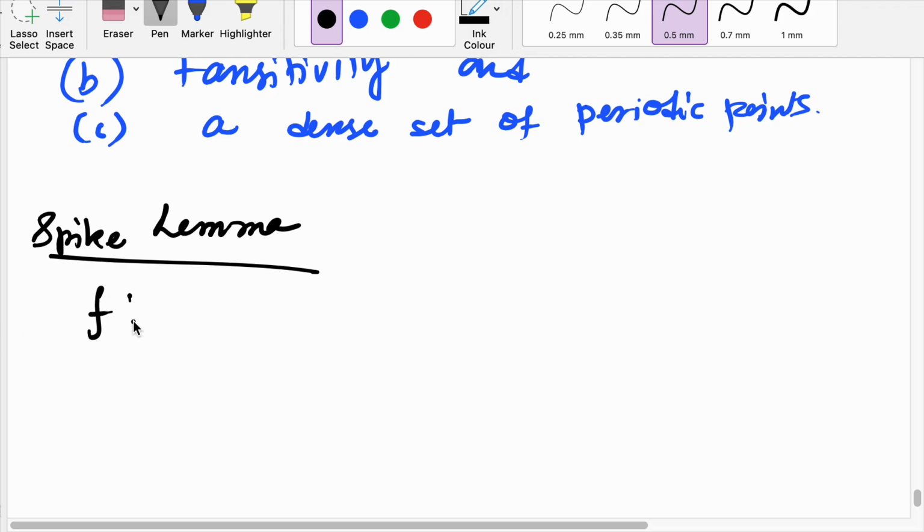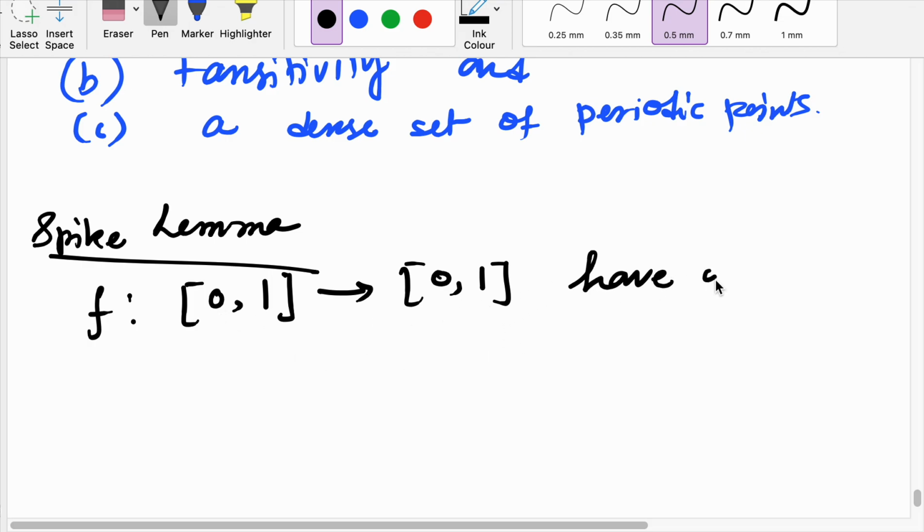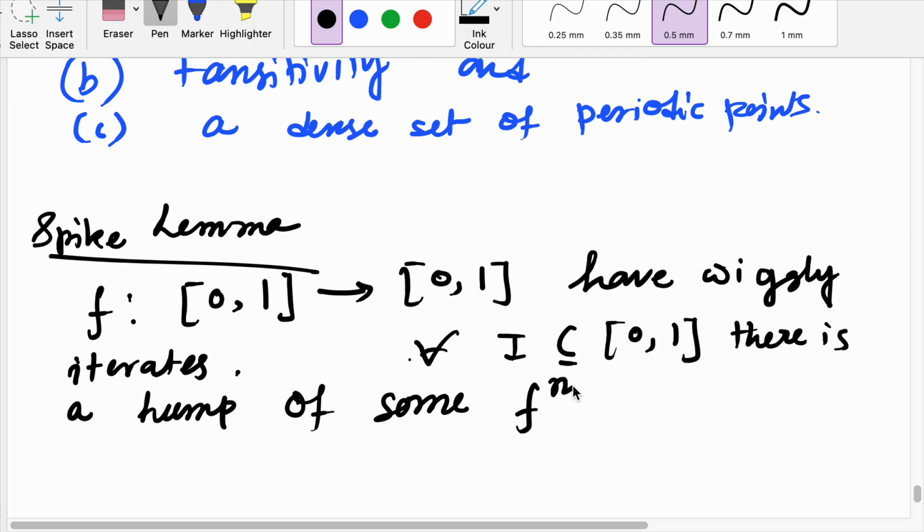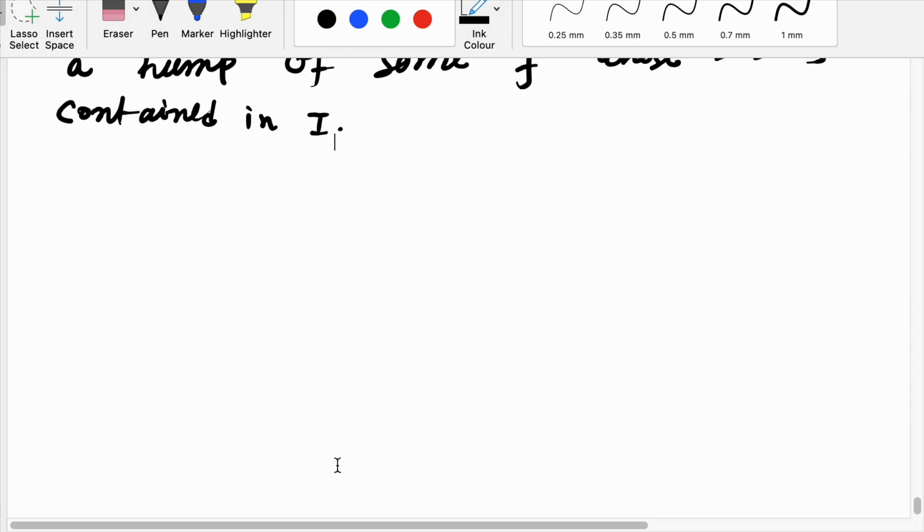Spike lemma means if f is a compact map, that means it maps the interval 0 1 to the interval 0 1, that means its domain and codomain are the same, then we know that we have wiggly iterates, and for every open interval I which is a subset of 0 1, there is a hump of some iterate fn whose base is contained in I.